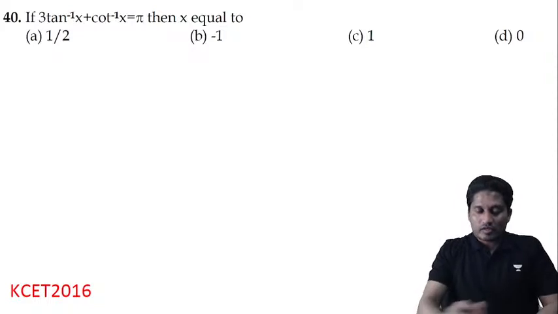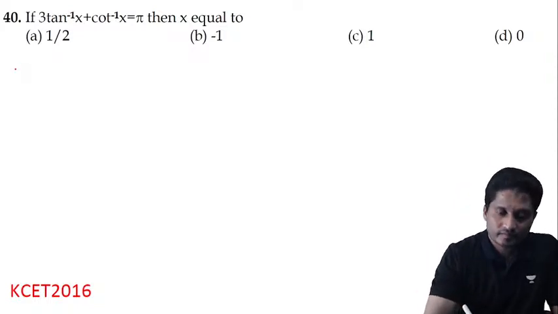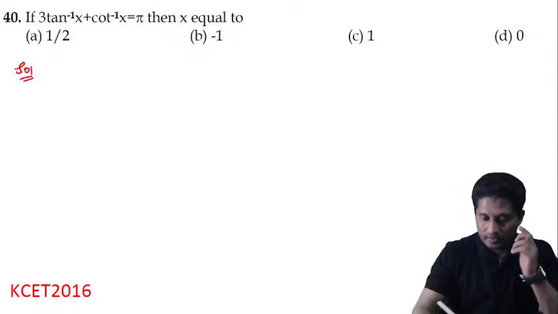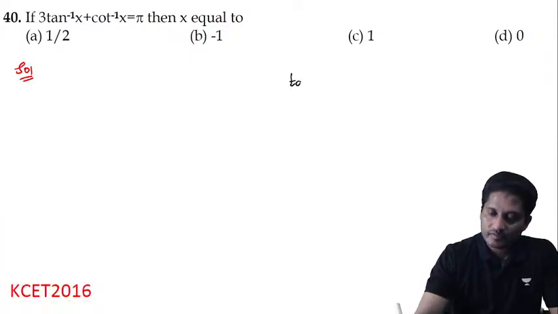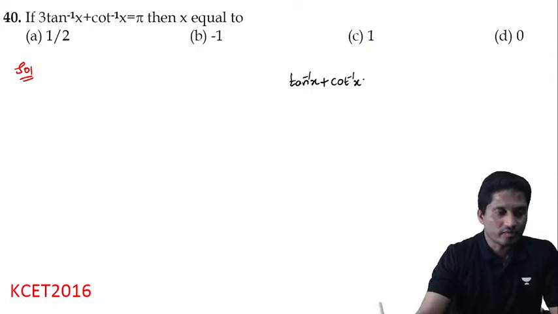The tan inverse plus cot inverse is pi by 2, right? So if I use this result, tan inverse of x plus cot inverse of x is equal to pi by 2.